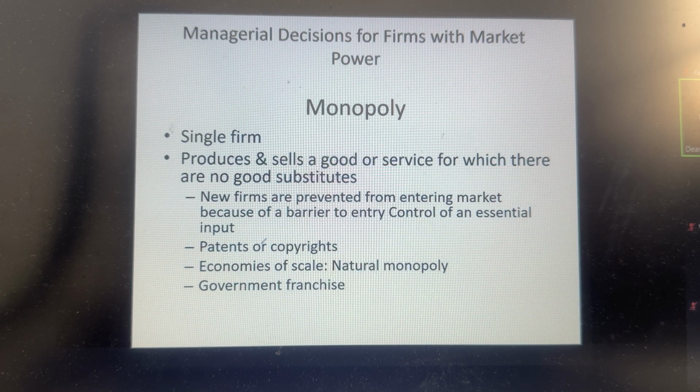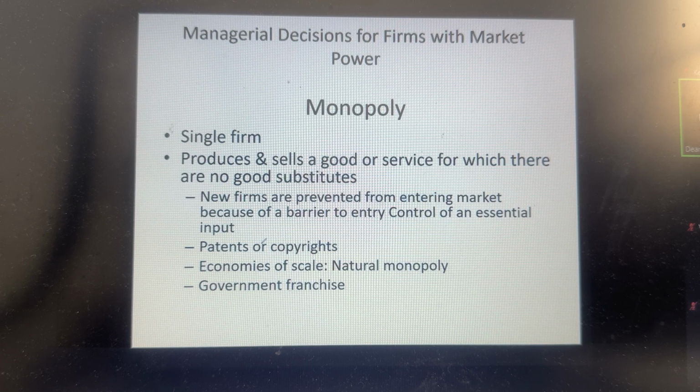Firewood instead of gas is very difficult, and coal is not easy to find. Electric is okay but expensive. So it's not easy to find a substitute for cooking gas.